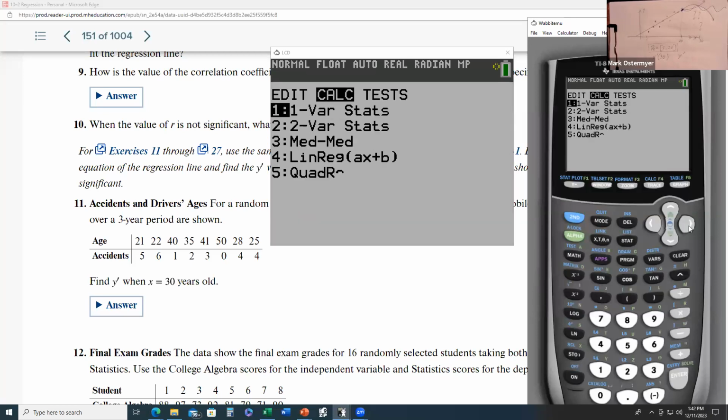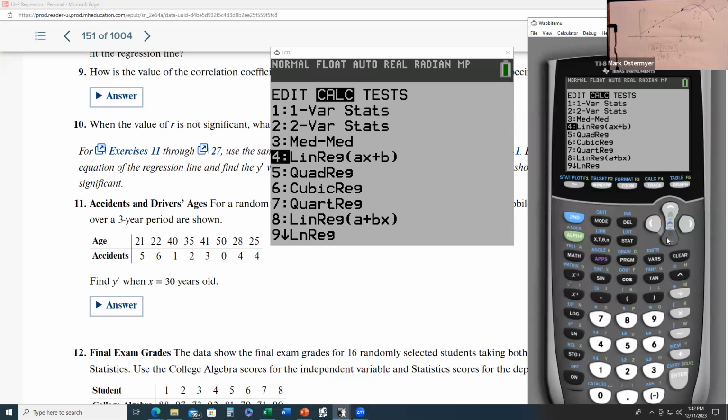And the beautiful thing about this calculator is it can do quite a few different regressions. It can do linear regression, quadratic regression. It can try to fit a third-degree polynomial function to a scatter plot if the graph is in the form of a cubic type plot. In other words, if you had a scatter plot that kind of looked like this, then maybe you want to fit a third-degree polynomial function to it.